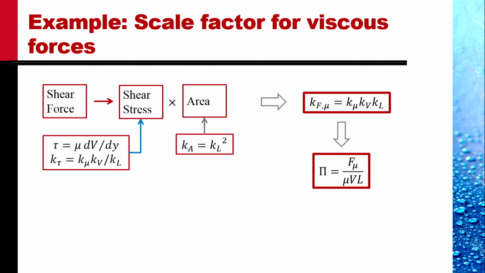This gives you a pi number F mu divided by mu Vl. The scale factor for viscous forces divided by the characteristic value of the viscosity, the velocity and length should be the same in the prototype and in the model.